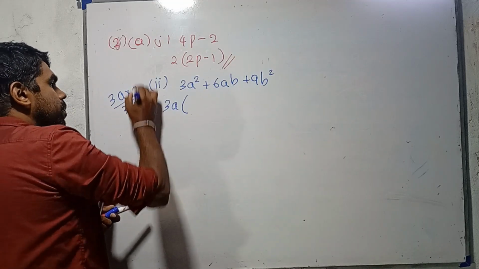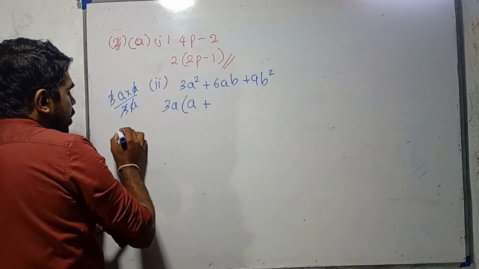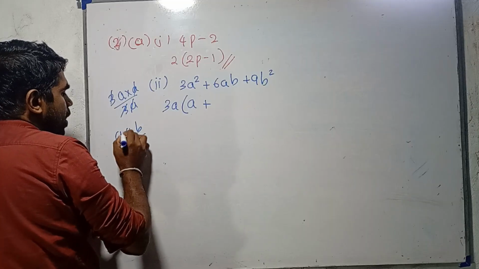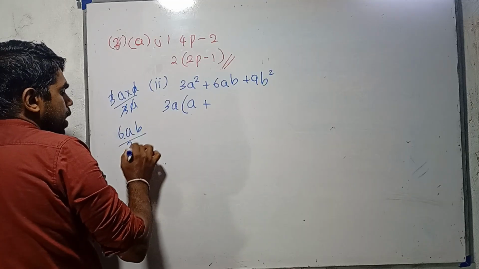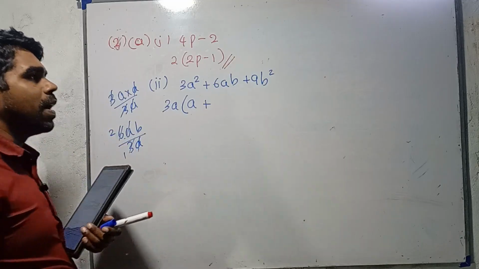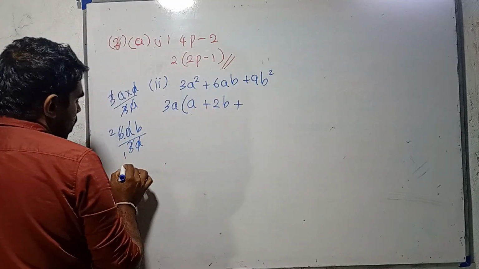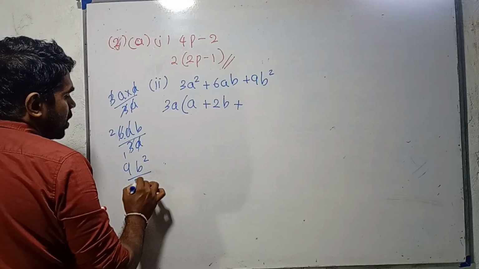Divide by 3a. We can get a as the answer. Plus 6ab divided by 3a. We can cancel out a and a. 3 divided by 3, 1. 6 divided by 3, 2. 2 into b, 2b. Plus 9b squared divided by 3a.